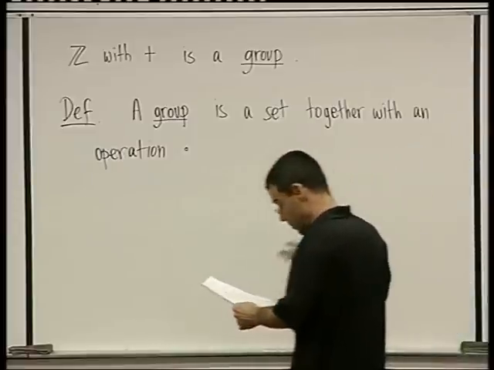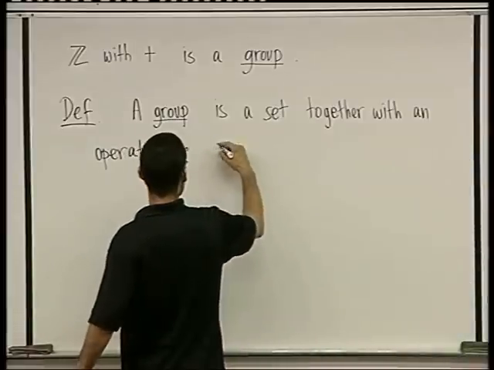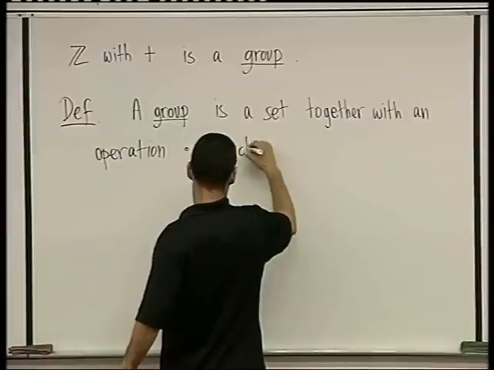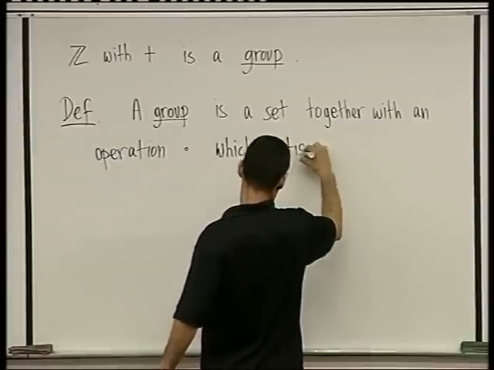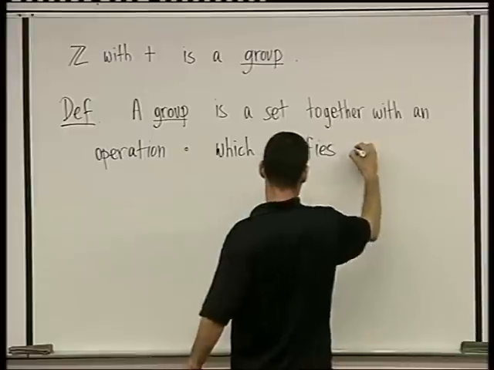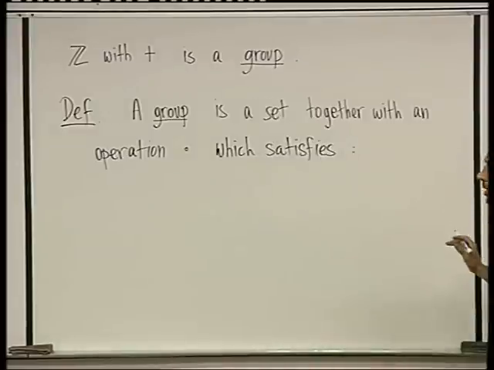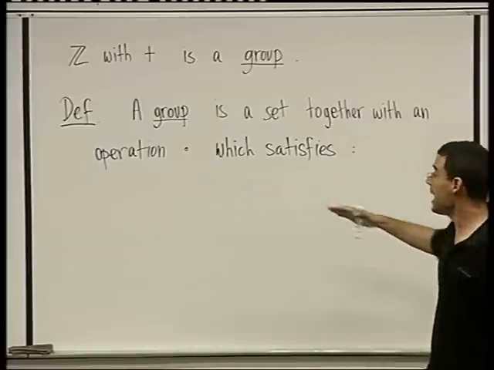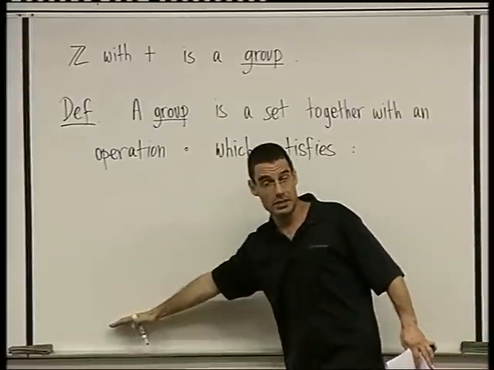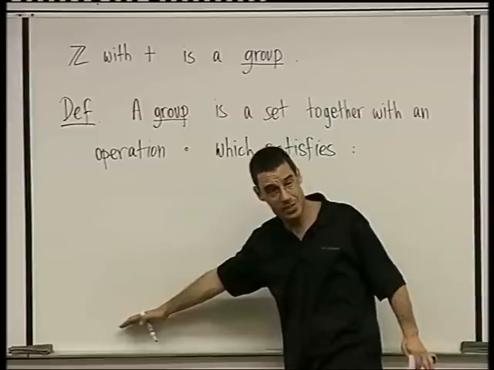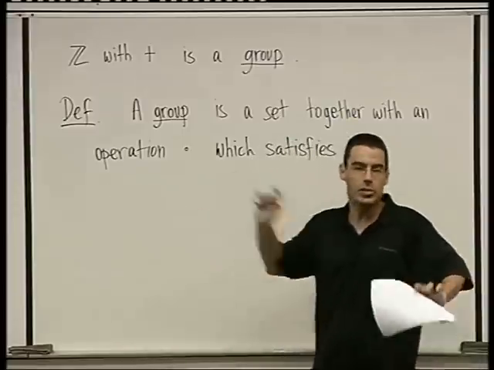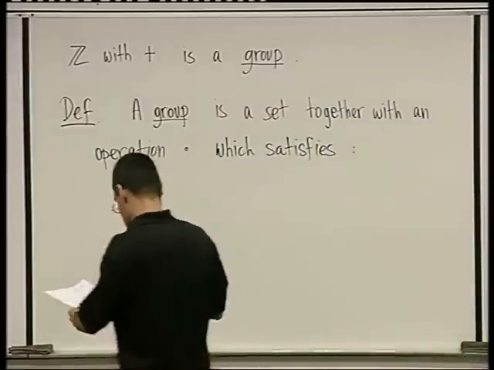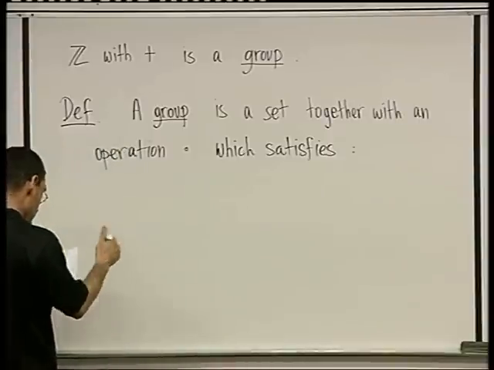Okay, so it's abstract, and it satisfies the following axioms. If you have a set, a collection of things, together with some operation defined on those things that satisfies the properties that I'm going to write down now, which are sometimes called axioms, then that set is a group. So here are the properties.